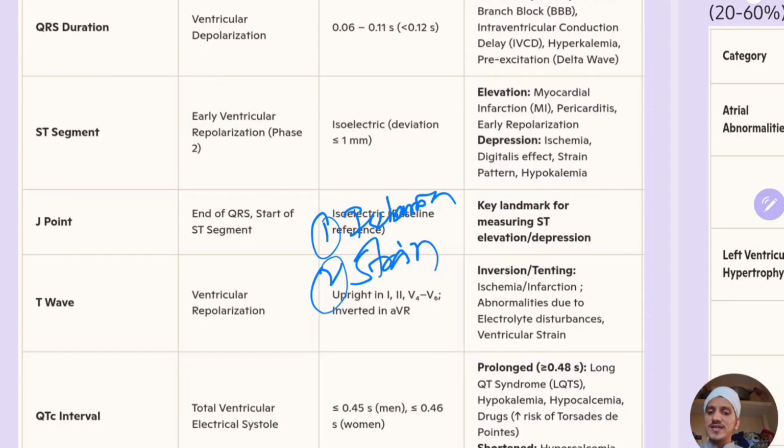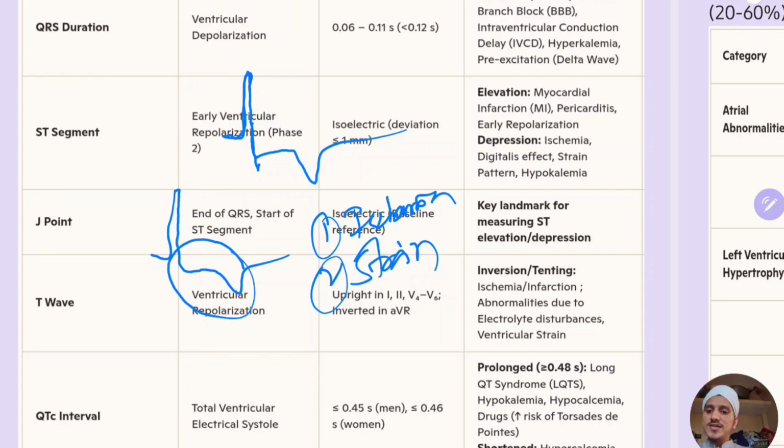Strain pattern, what will happen is, it is not ischemia. You will have a depressed ST segment with inverted T waves. This is the QRS, and then depressed ST segment, then inverted T wave.